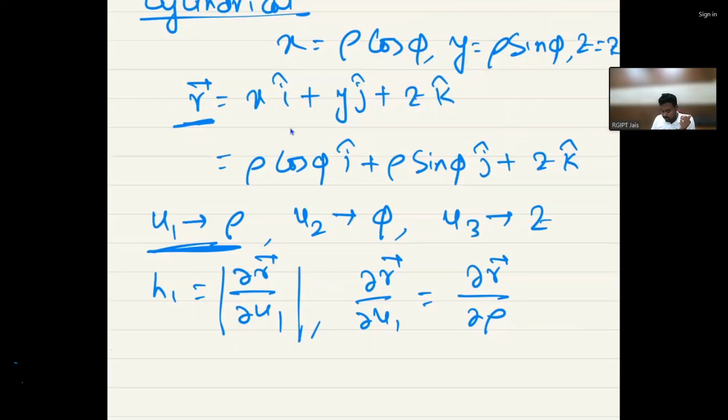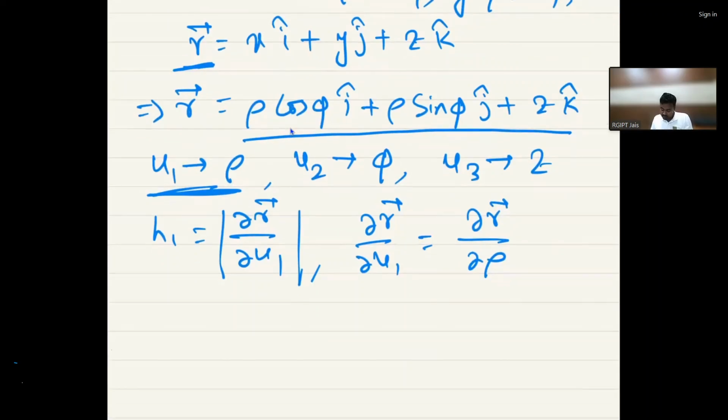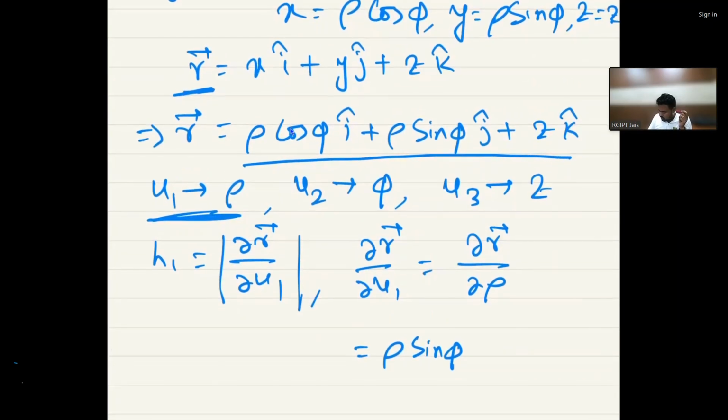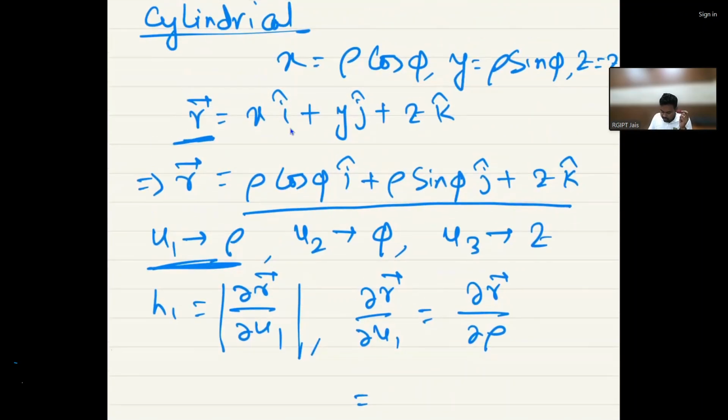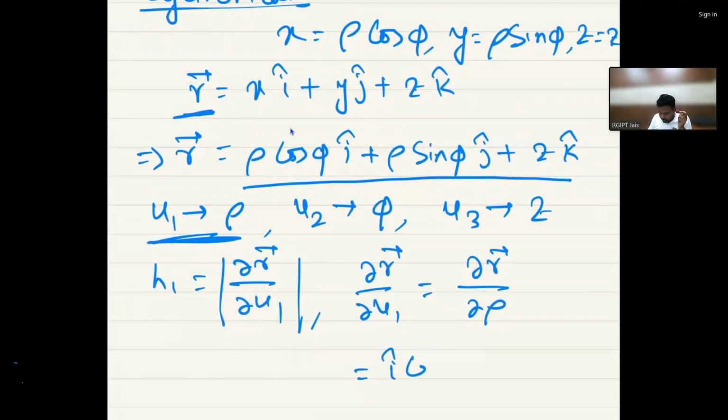So what is del R by del rho? This is the expression for R. So what is del R by del rho? That will be i cap cos phi plus j cap sin phi, right?